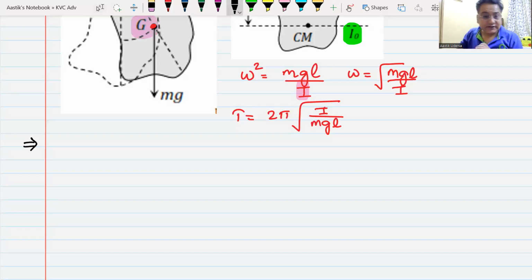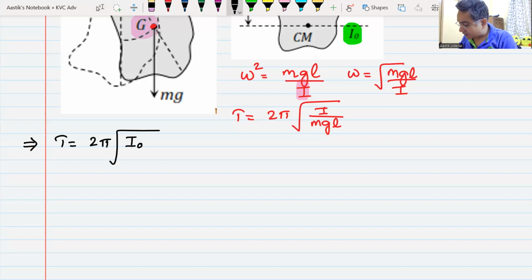Now you can write this same formula in different ways. Please remember it nicely. This can be written as I naught plus ml square divided by mgl. We all understand this? Where I naught is the moment of inertia about your center of mass axis.